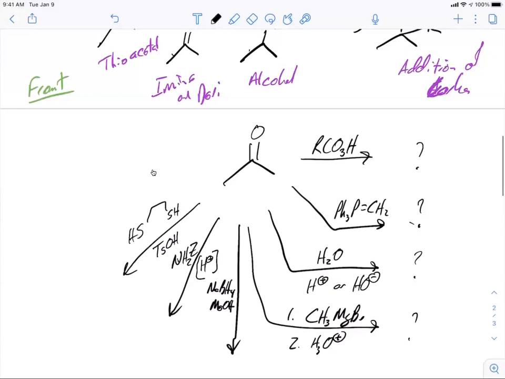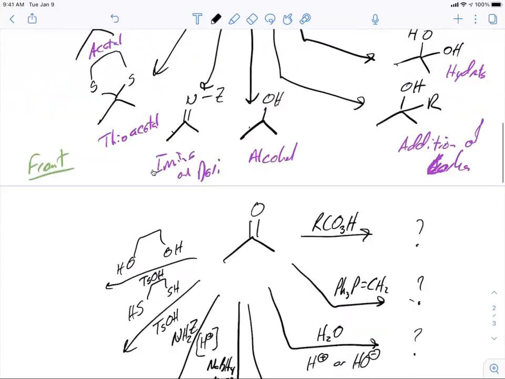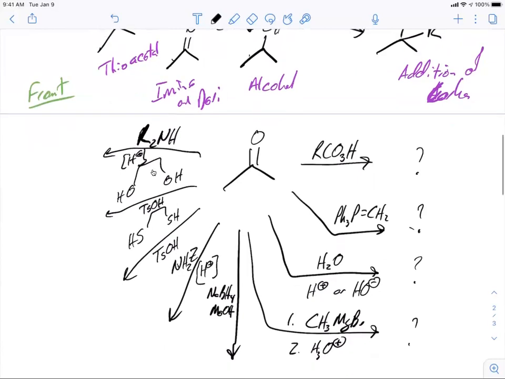To get to the ketal, we'll again use the diol with acid. And to get to the enamine, we'll have the trace acid and now the R2NH group, so the secondary amine. And so we could have this as the backside.